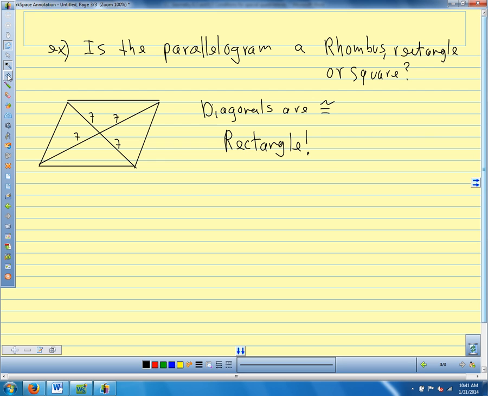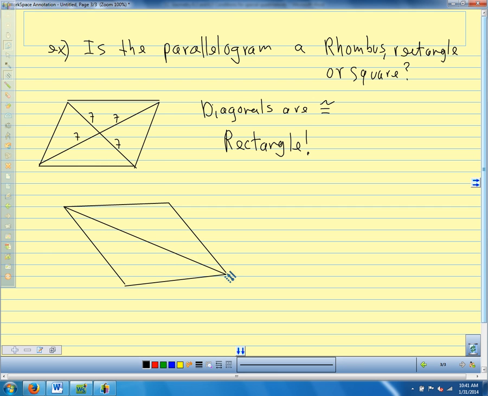How about this one? So here's my parallelogram. We're starting with a parallelogram, and I'm going to mark it like so. Is that a rhombus, rectangle, or square? Rhombus.